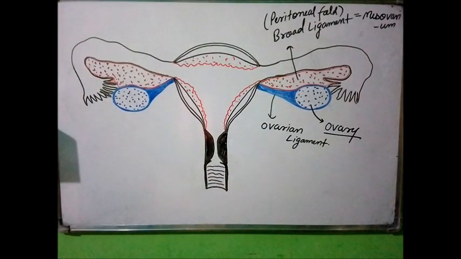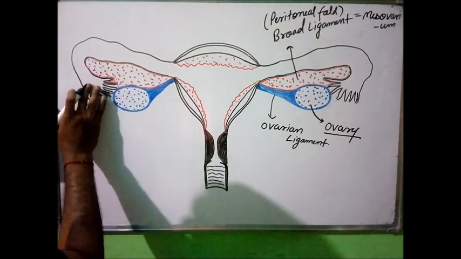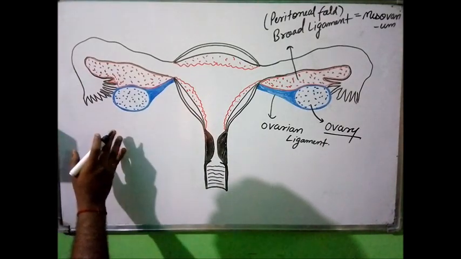Now there is one more connection, called the suspensory ligament, which connects the ovary as well as the fallopian tube with the pelvic wall. That I have not drawn here.